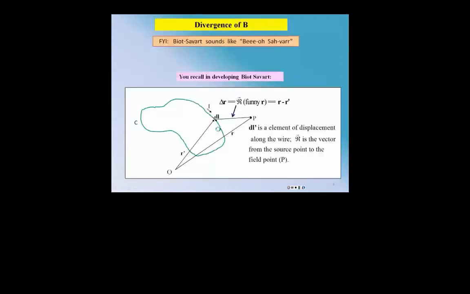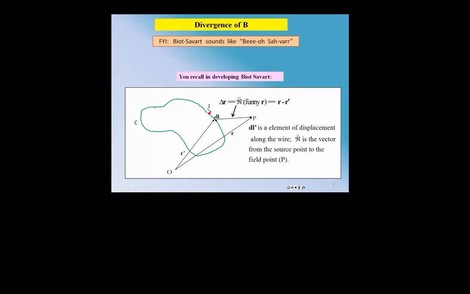systems. So to remind you, first of all, how to say Biot-Savart, think of it as the pronunciation of these names. You recall when we developed the Biot-Savart law, we had to have the definitions of the vectors, similar to electrostatics.